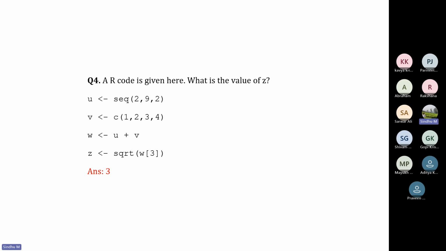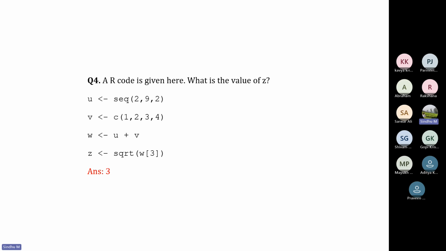So the first position corresponds to the first index, this will be the second, third, and fourth. This is the system in R. So in Python, if you write 3, then the value will be 12. But in R, it will be 9. Those who are already used to Python, you have to make a note of this, that in R, the indexing starts from 1, not from 0.